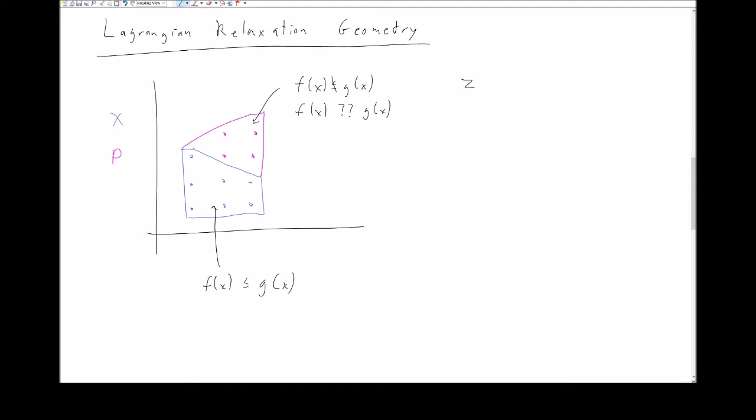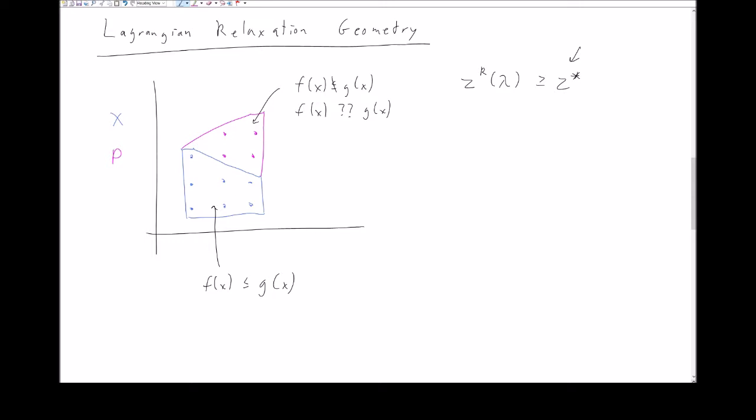What we care about in the relaxation is that at the optimal solution, that is z_R of lambda, we get that this is at least the value of our original IP solution. And this is still going to remain true. The reason is that any feasible solution in our original integer program, and in particular our optimal solution, is going to achieve a value of z star.